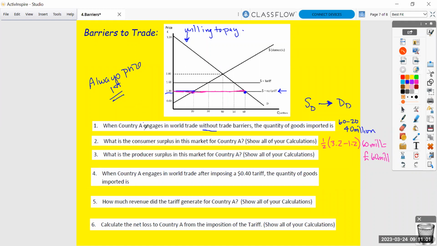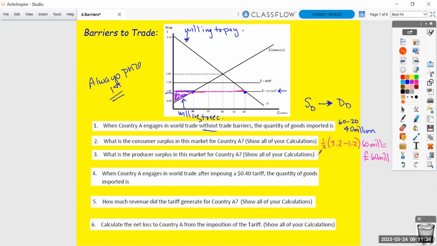Okay. Then our producer surplus is the difference between what they were willing to receive, that's our supply curve, and what they actually received, which again is that pink line. So this little triangle right here is the producer surplus in country A. We can't address the producer surplus for the rest of the world, only the domestic market.